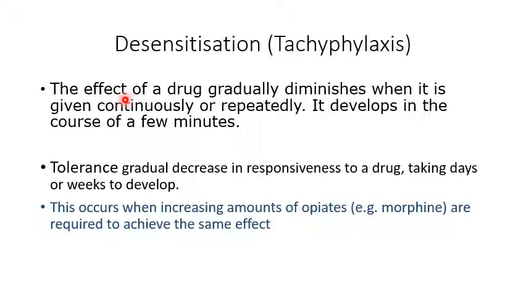Tolerance, on the other hand, is a gradual decrease in responsiveness to a drug, which normally takes days or even weeks to occur. The tolerance occurs when increasing amounts of opioids, for example, like morphine, are required to achieve the same effect.